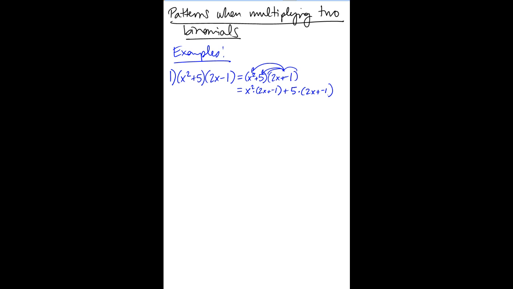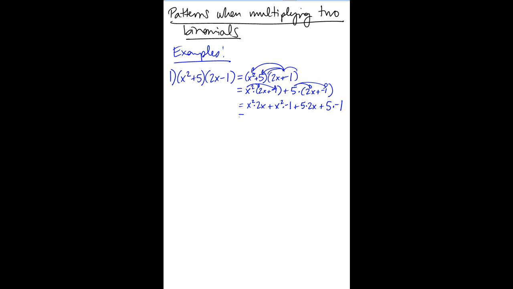Okay, and then I continue my distributive property here by distributing the x squared to each piece and the 5 to each piece. And so what I get is x squared times 2x plus x squared times negative 1. Again, I want to be careful not to lose that negative sign. Plus 5 times 2x plus 5 times negative 1.